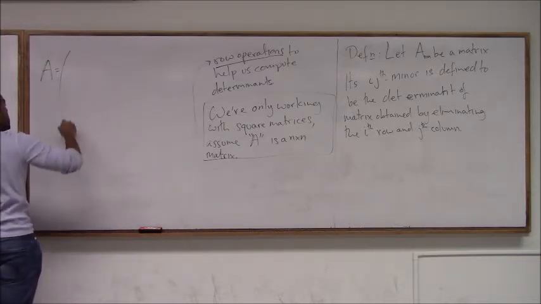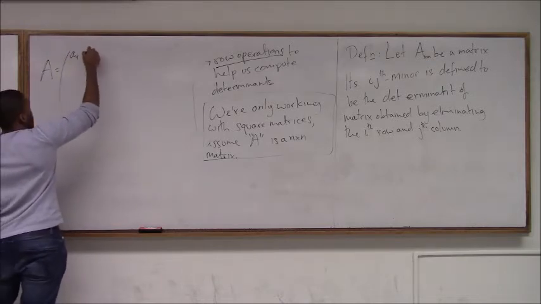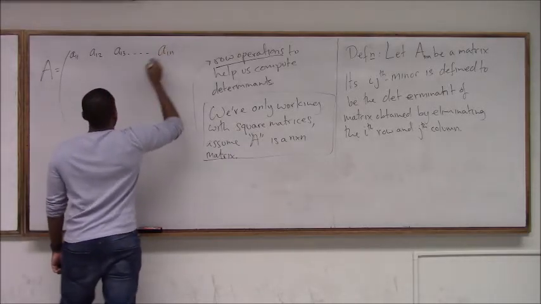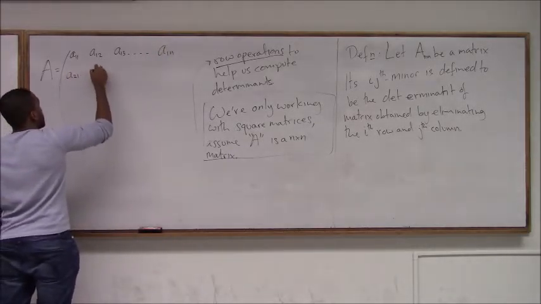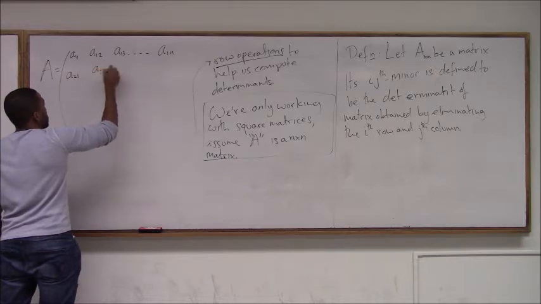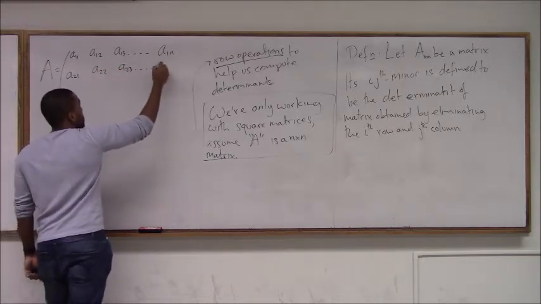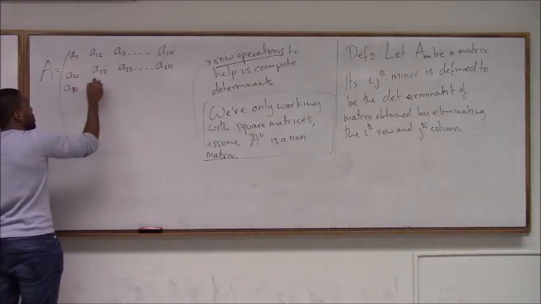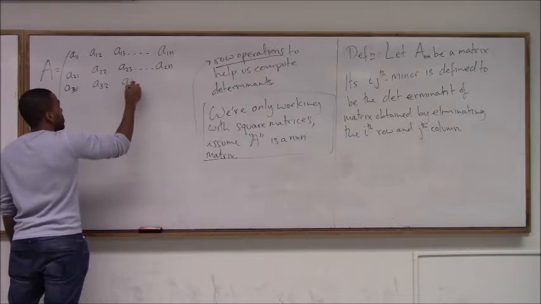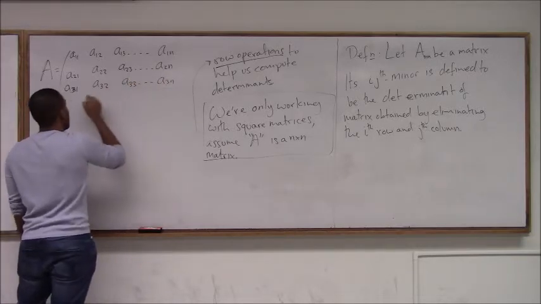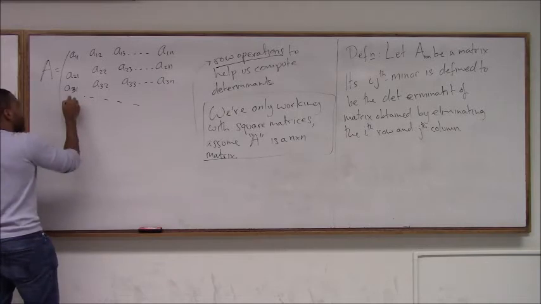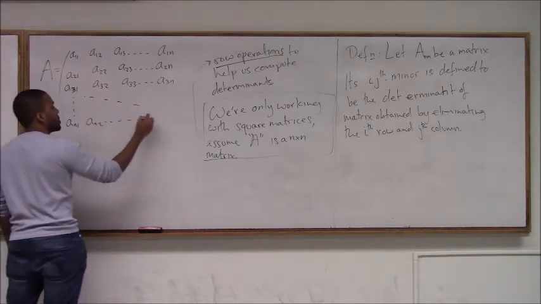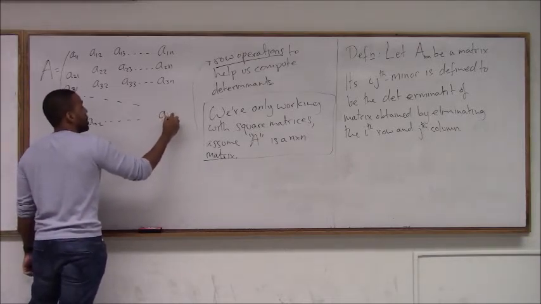So let's say A is A11, A12, A13, all the way down to A1n, A21, A22, A23, all the way down to A2n, A31, A32, A33, A3n, and so on, all the way down to An1, An2, and Ann.